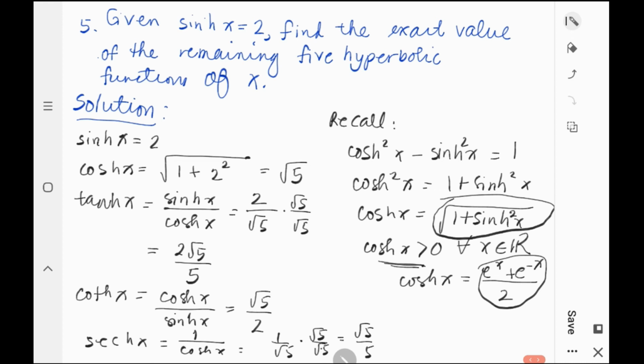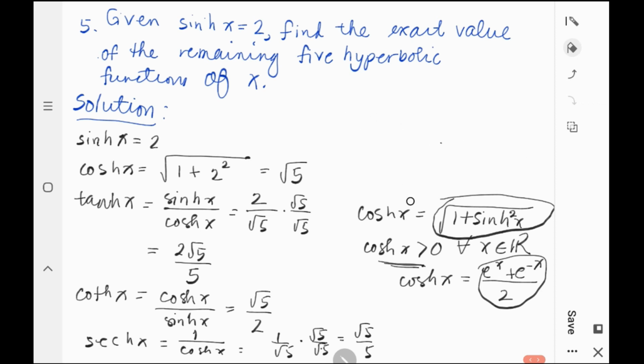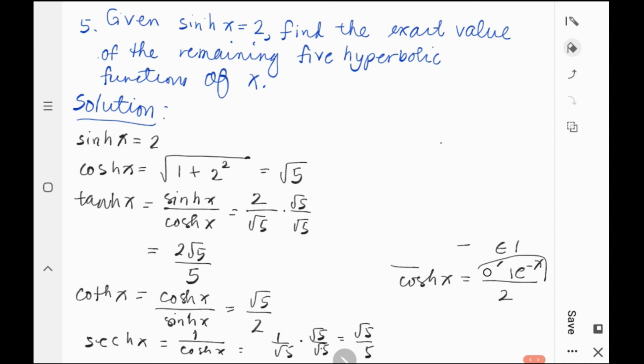And how about the last hyperbolic function of x? You have no space, so let me erase some portion. For the last hyperbolic function, we have hyperbolic cosecant.